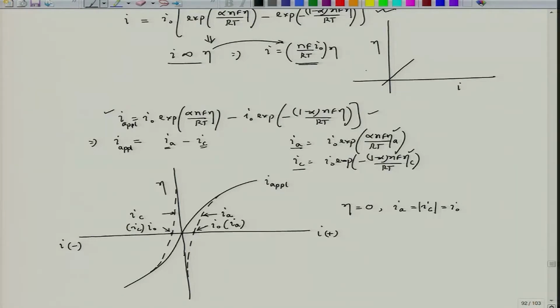And then as we go in the positive or negative direction on the over voltage axis, we get the individual current response. And interestingly, at high current values in this direction, at this point I A becomes equal to I applied. On the negative side, at this point I C becomes I applied.